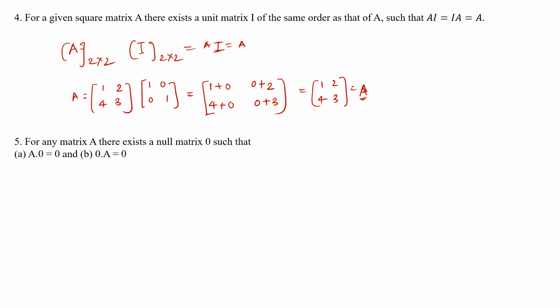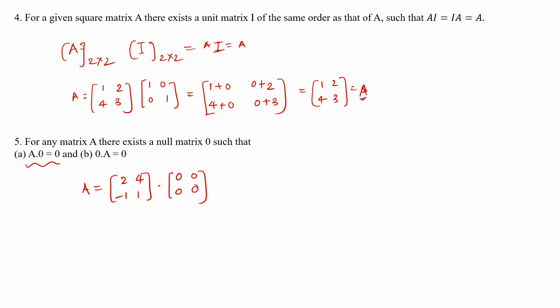Next, for a matrix A, there exists a null matrix 0 such that A into 0 is equal to 0. The basic property we know: anything multiplied by 0 is 0. Suppose we have a matrix A, say 2 4 minus 1 1, and we multiply this matrix by a null matrix 0 0 0.